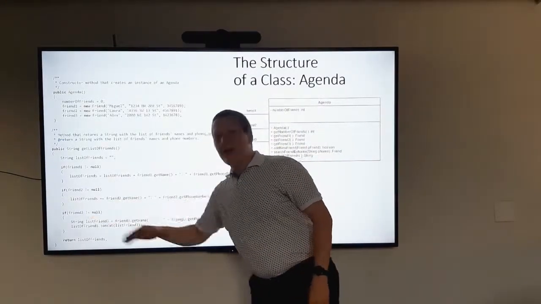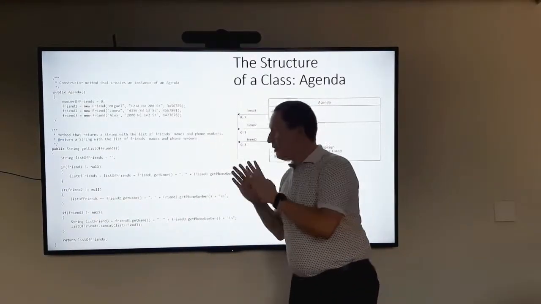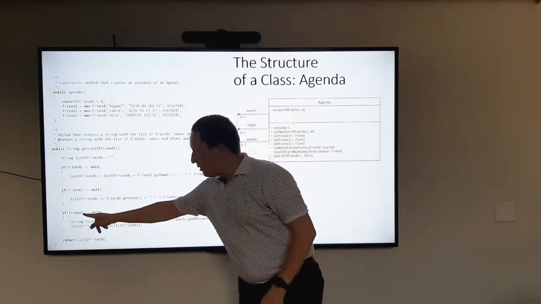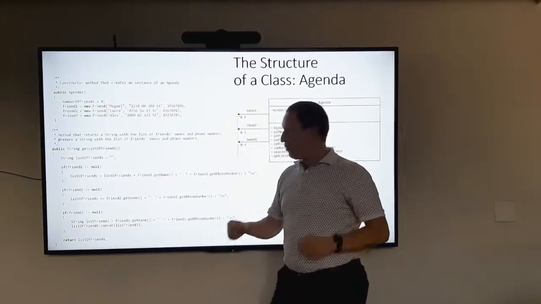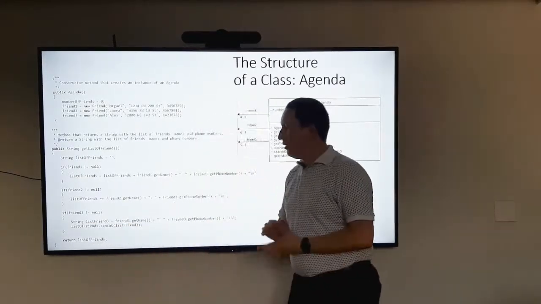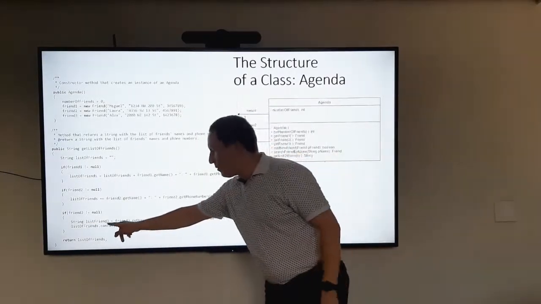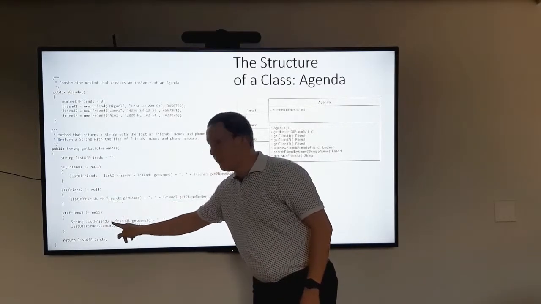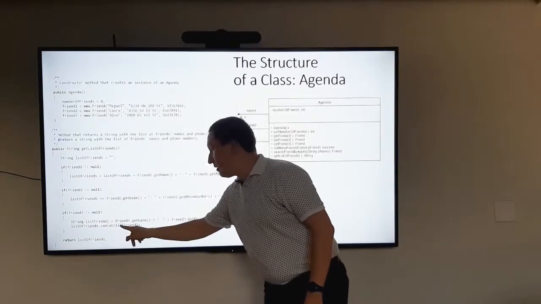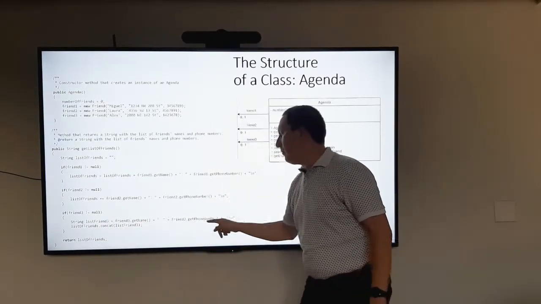We have friend 3. Friend 3, are you different of null? If friend 3 is different of null, I do the same. In this case, we have another variable called list friend 3. This variable is going to be equal, not plus equal. Look at the difference: this is plus equal and this is just equal. It's going to be equal to the name followed by the phone number.